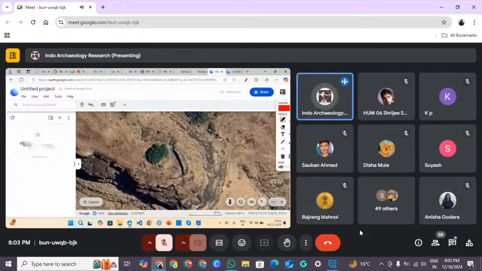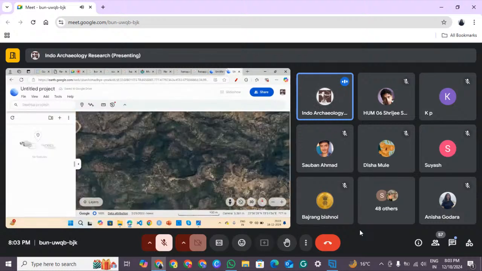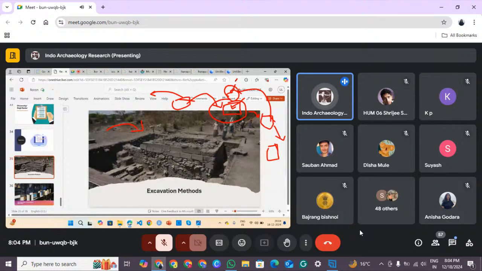And whenever you are discussing the archaeological excavation, as I discussed with you earlier, there are going to be various types of excavation methods, not only horizontal and not only vertical. Suppose this is the image which I'm showing you here in this PPT, and you consider that this is a burial.